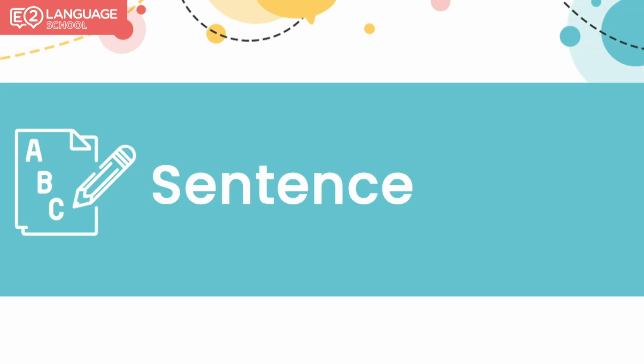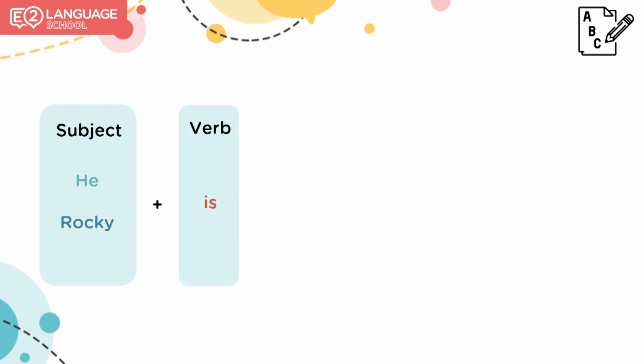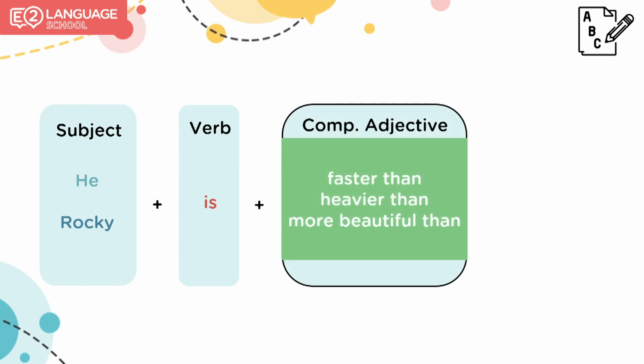Now, how do we use ER and more adjectives in a sentence? Well, we begin with the subject. So in this case, Rocky, the dog, or he. Next, we have the verb, is. And then here we have the comparative adjective, the ER, more adjective.